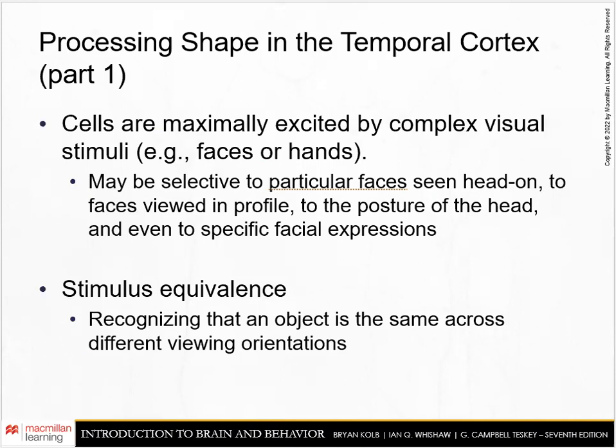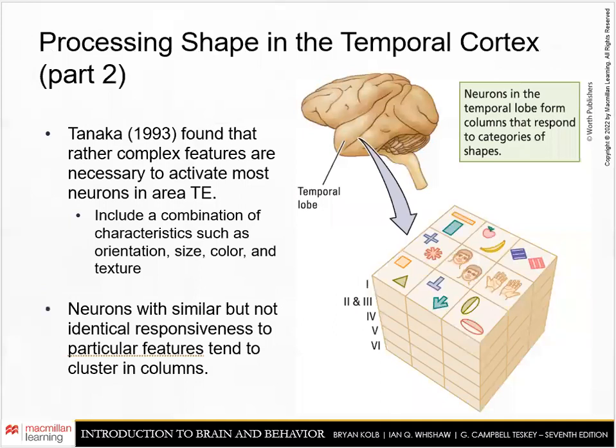For stimulus equivalence, that's part of recognizing that an object is the same across different viewing orientations. Tanaka had found that rather complex features are necessary to activate most neurons in area TE.